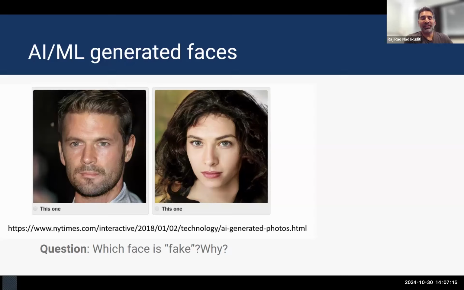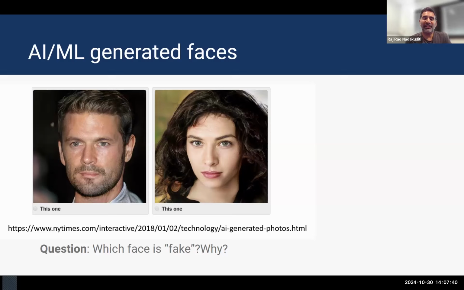I've often shown this slide in various settings, including in classrooms, and some folks point out that maybe the guy is fake because he looks too good looking to be real. Some folks have remarked that the woman seems fake, maybe because her eyes seem, in their mind, a bit too green or too unrealistic.